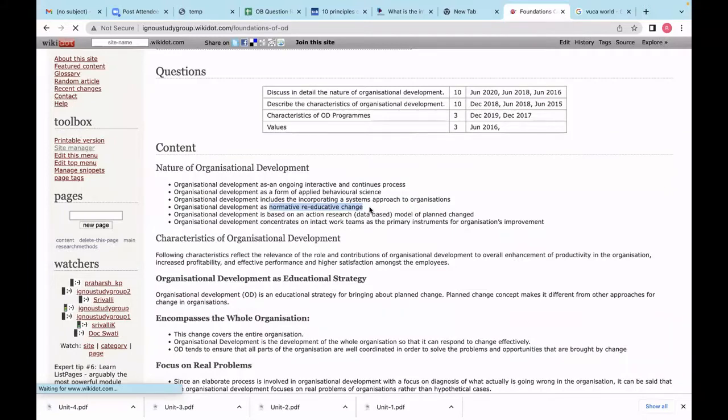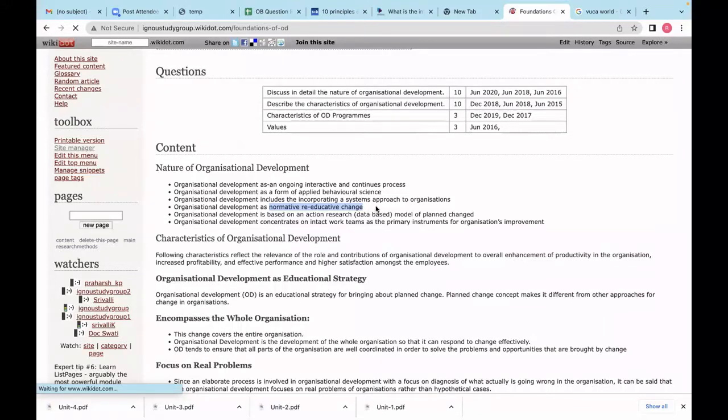So you are challenging the culture here. You are re-engineering the entire culture. That is what this term is saying, normative re-educative change. You are changing the norms and re-educating people and changing it. So OD is a normative re-educative change.